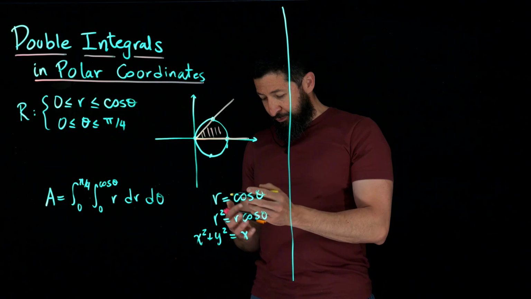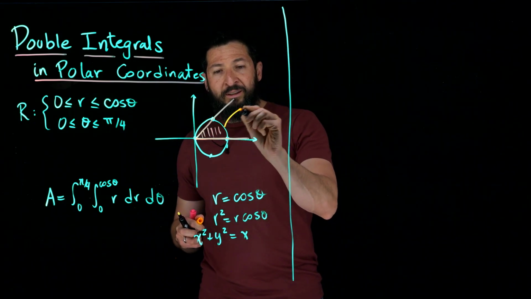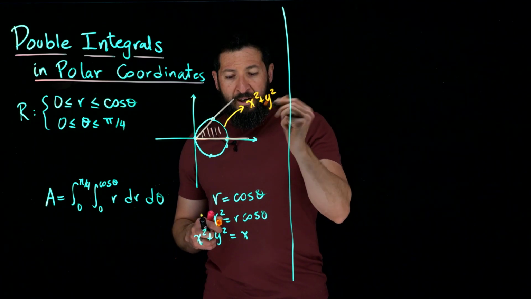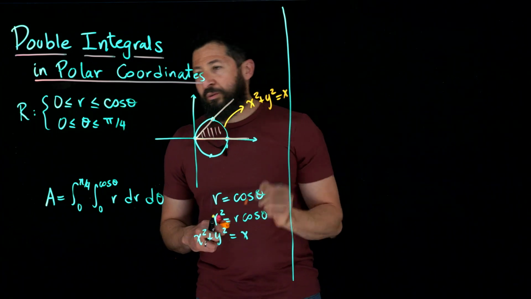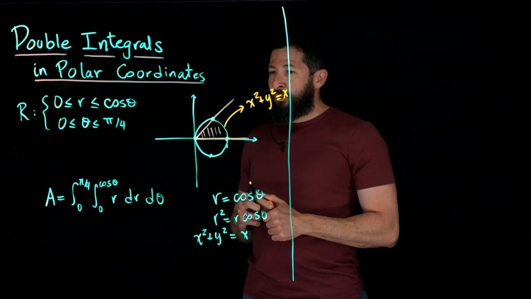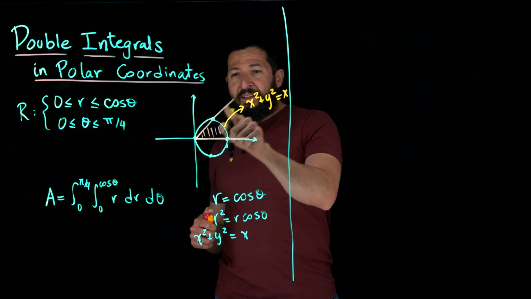That is the equation that determines this circle. So this circle in rectangular coordinates is now of the form x squared plus y squared equals x. Perfect.